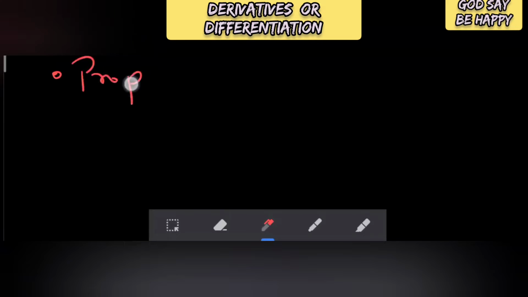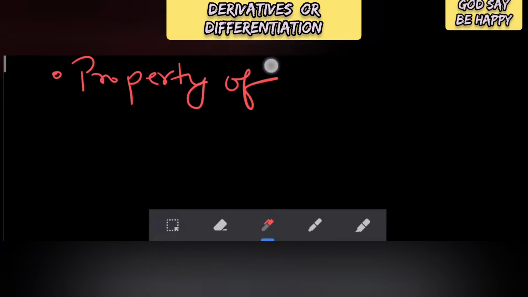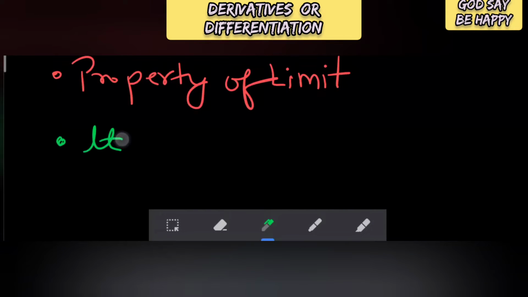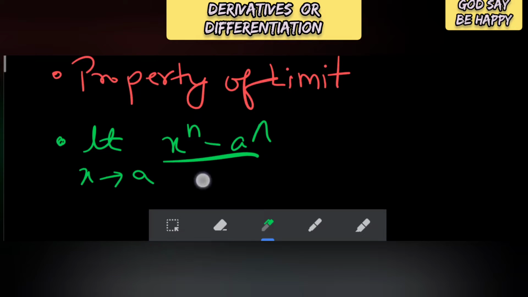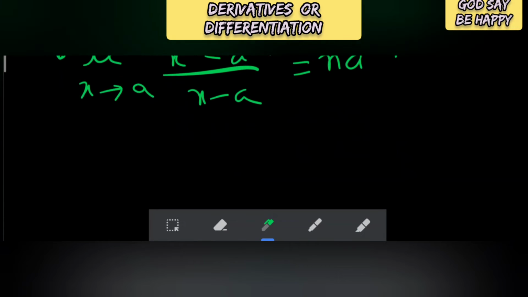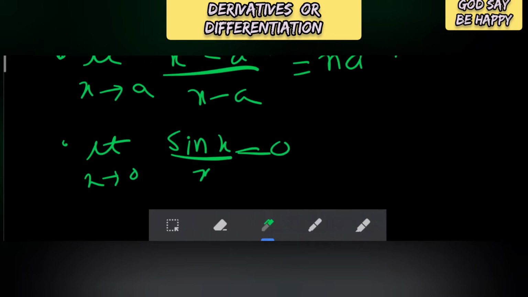The first property of limit that we had learned is limit x tends to a of (x^n − a^n) upon (x − a) is equal to n a^(n−1). The second that we had learned is that limit x tends to 0 of sin x by x equals 1, and similar for tan x also. Sorry, it is 1.